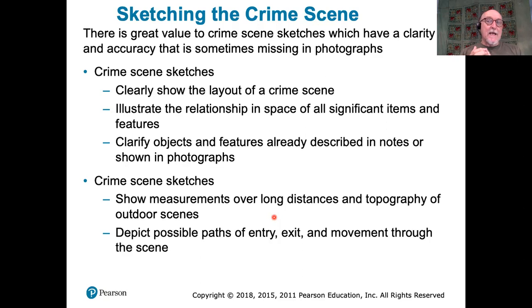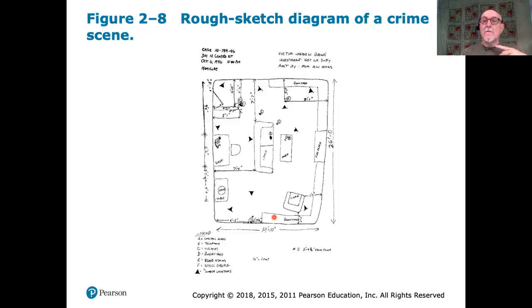Usually, the person doing the sketch will include distances between objects. So, for example, have a look here: they've measured the size of this, they've measured this distance here, and they may provide distances between things if it's important.